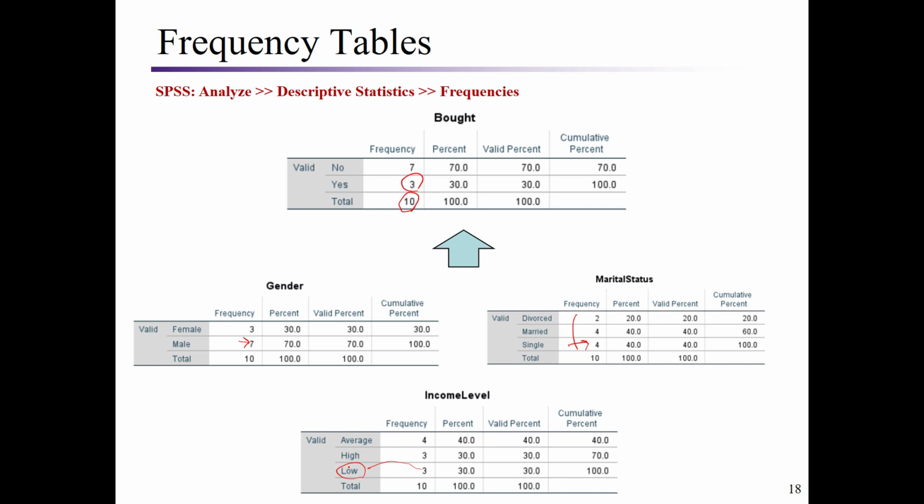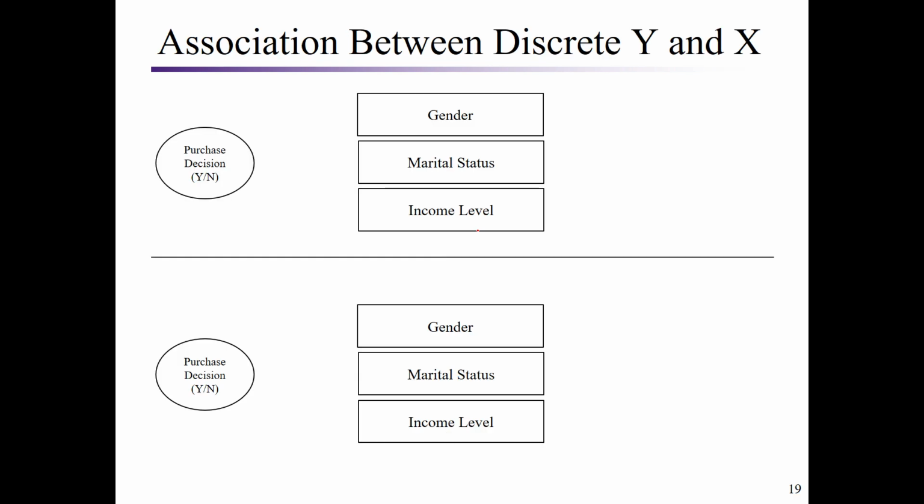Here our goal is to determine whether gender, marital status, and income level affect buying or not. Then there are 2 ways. If I want to look at the relationship individually, like gender and purchase, marital status and purchase, income level and purchase, then I will use 3 cross tabulations.